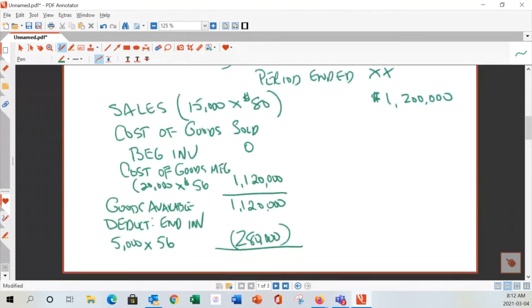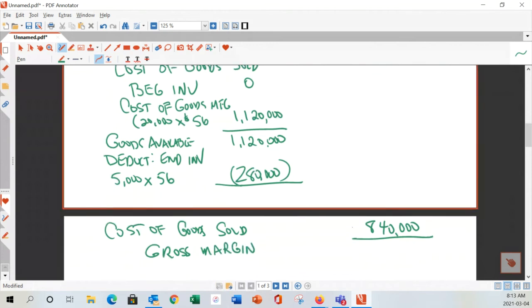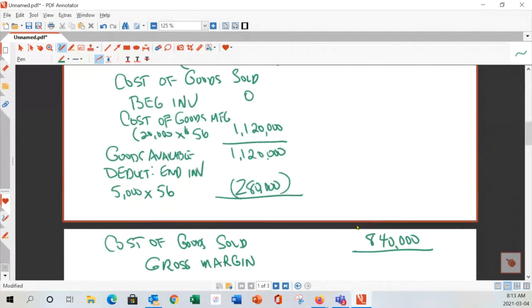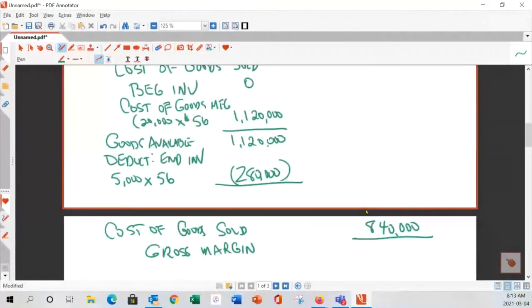So we've got our sales up here, our cost of goods sold here, and our gross margin is the difference. Remember, just our standard financial accounting, sales minus cost of goods sold, gross margin, and we get 360.